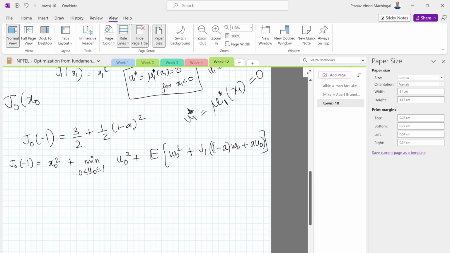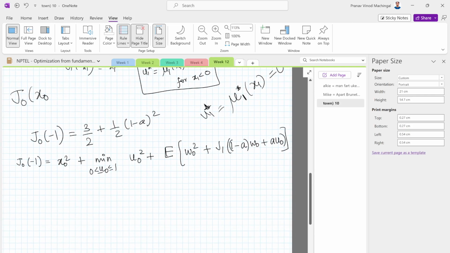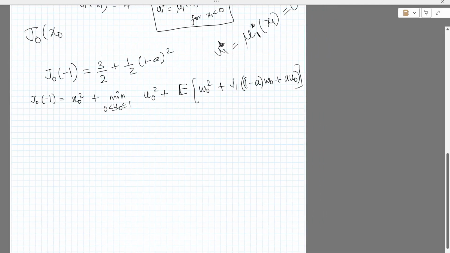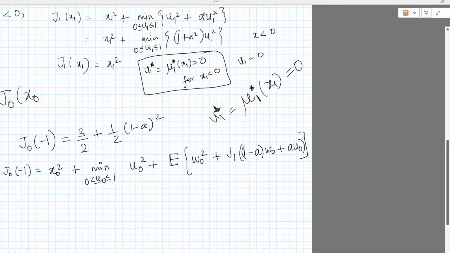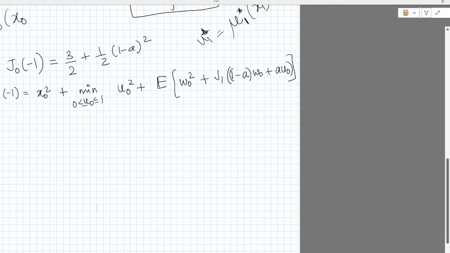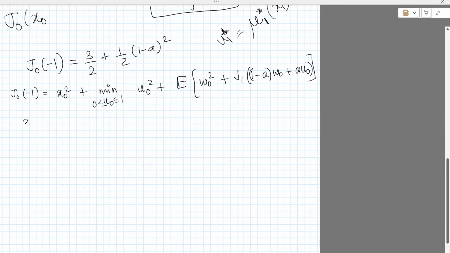And this x naught is less than 0. So this is equal to 1 plus minimize over u naught.